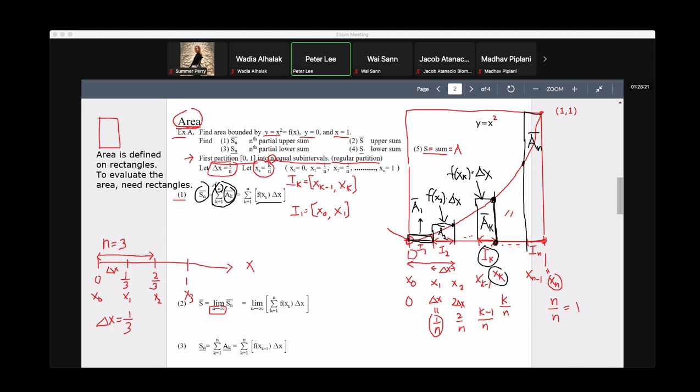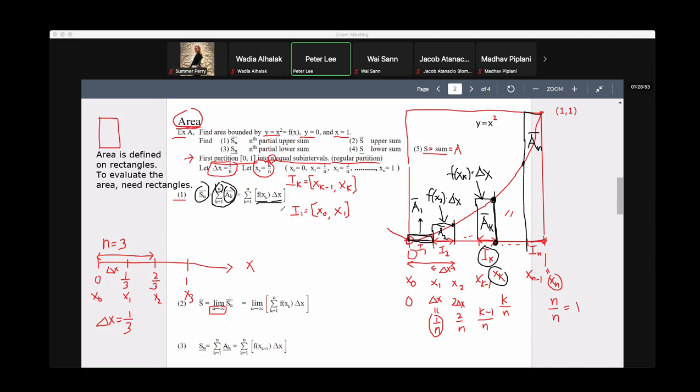So this sigma right here is actually f at x sub k times delta x, and then we add up all these rectangles from 1 to n. If you add up all those terms, at the end you would actually get the area of the n partial sum.